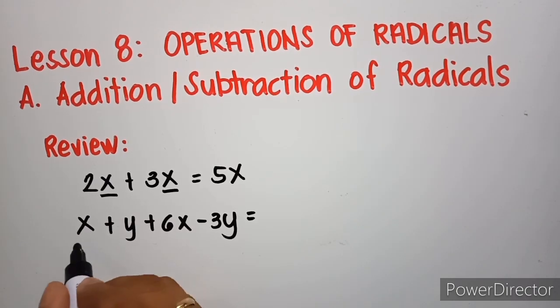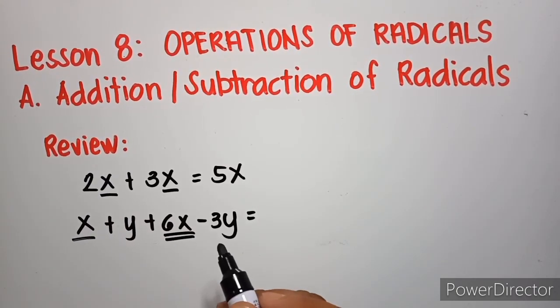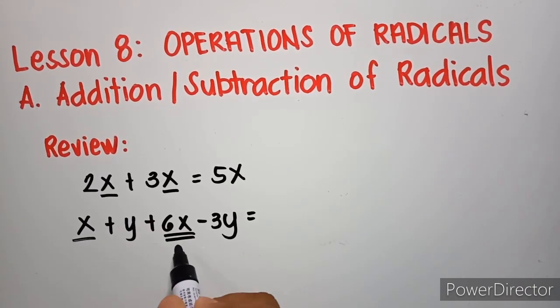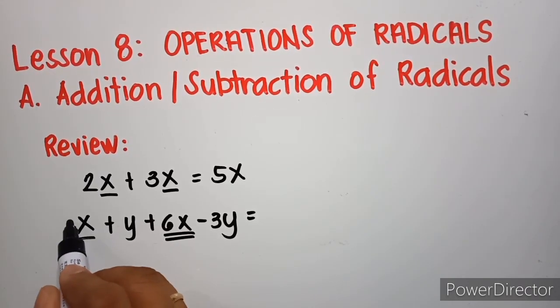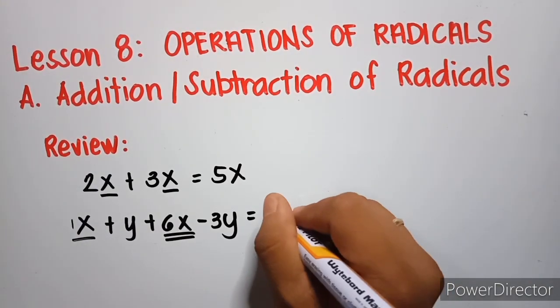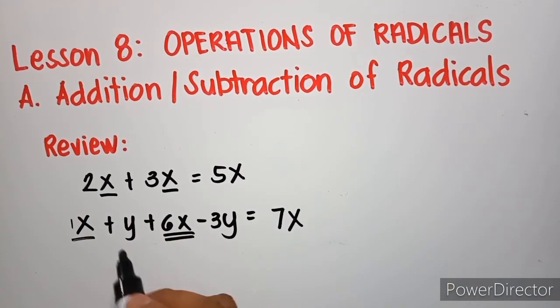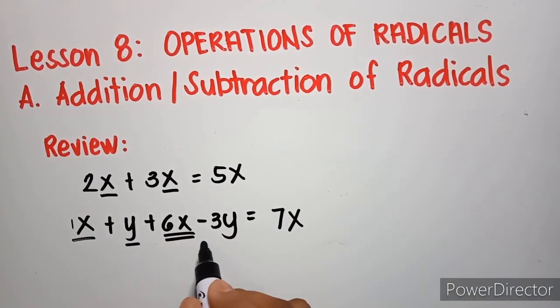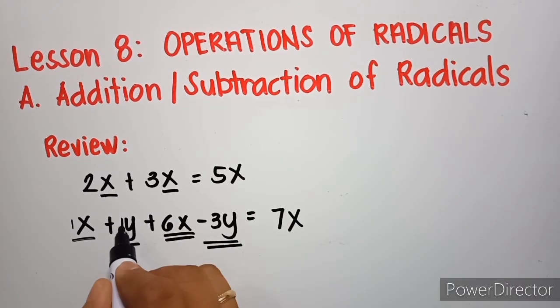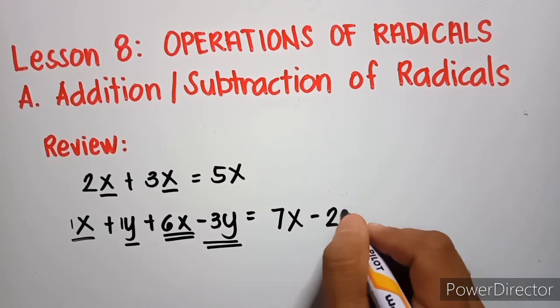What we do is combine the terms with similar variables. So, we have x plus 6x. The x has a numerical coefficient of 1, so 1 plus 6, we have 7x. Then for y, we have y and negative 3y, so 1 minus 3 is negative 2y.